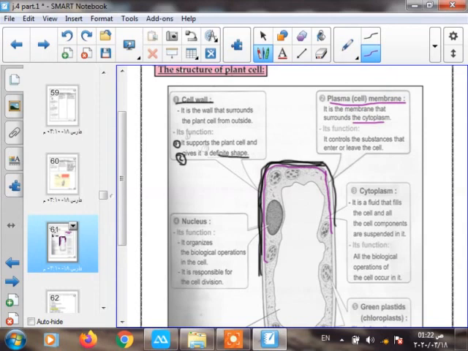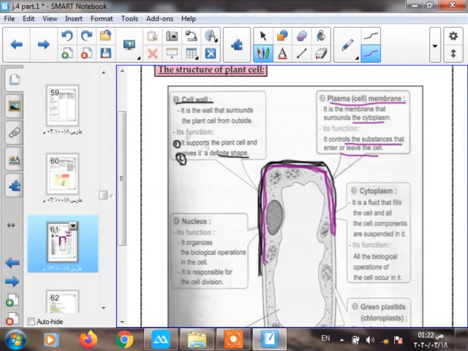What is the cytoplasm? The inside one. This plasma membrane controls anything entering or leaving the cell. This is the door for the cell that controls who enters and who leaves, to control the substances that enter or leave the cell.